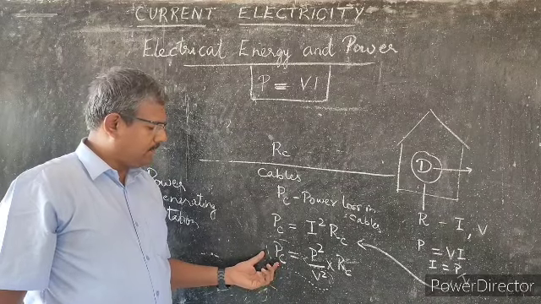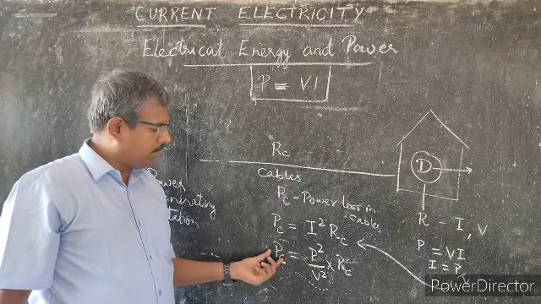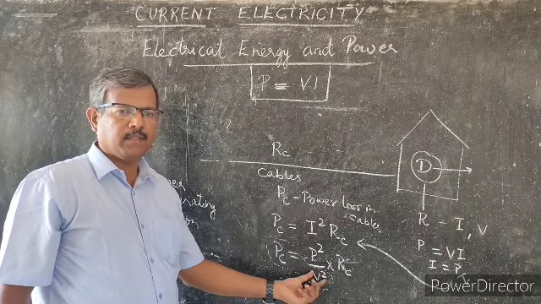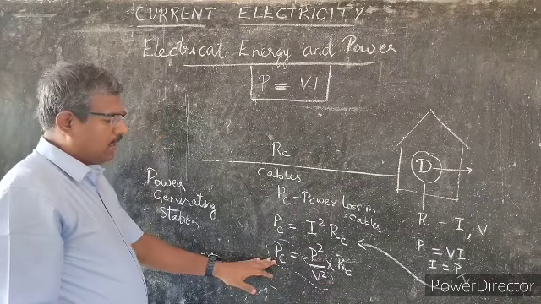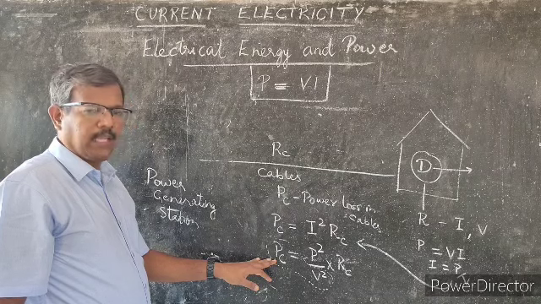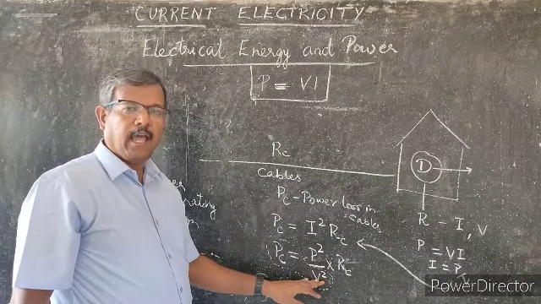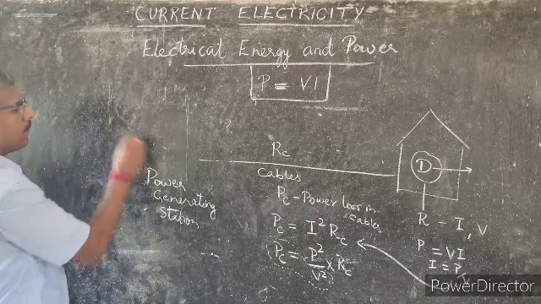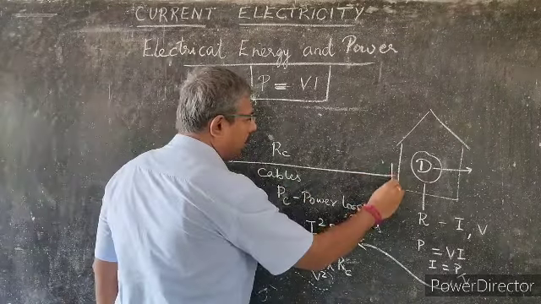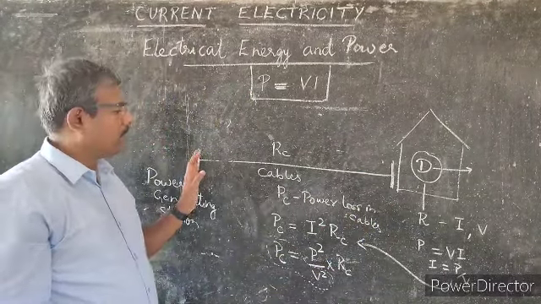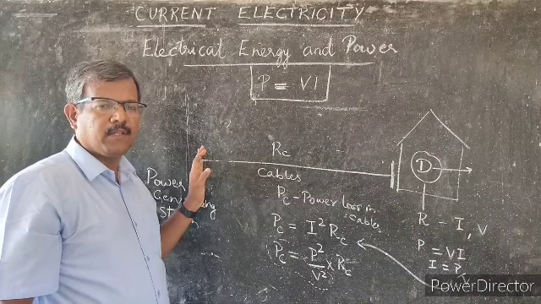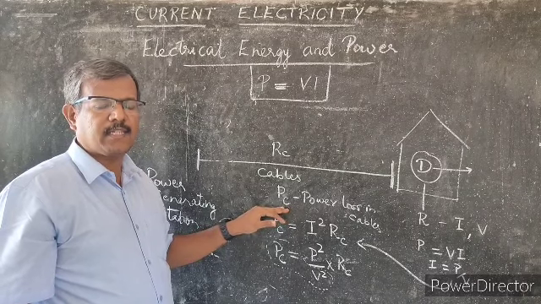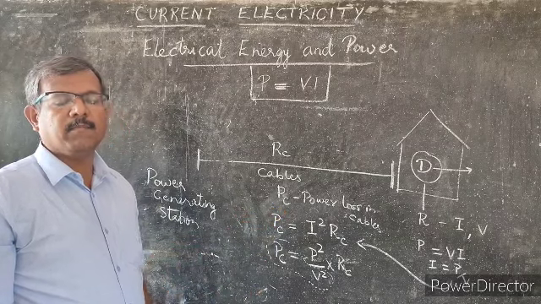So what we see here is an inverse relationship between the power loss in the cables and the voltage, which means to reduce the power loss due to the cables, we have to carry enormous voltages across these lines. The voltage between this point and this point must be very, very high, so that the loss due to the resistance of the cables is minimal.